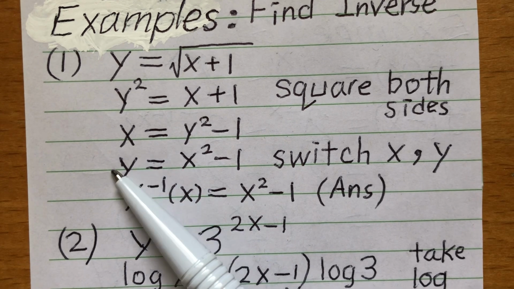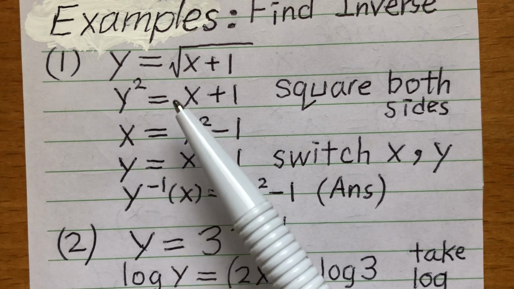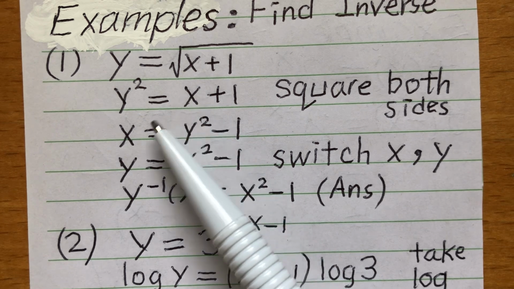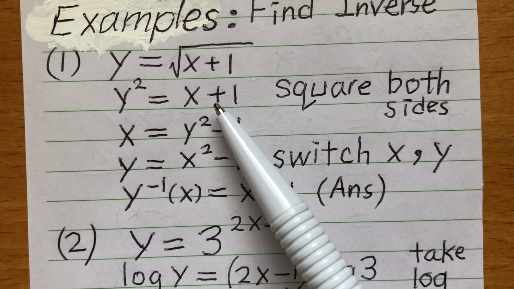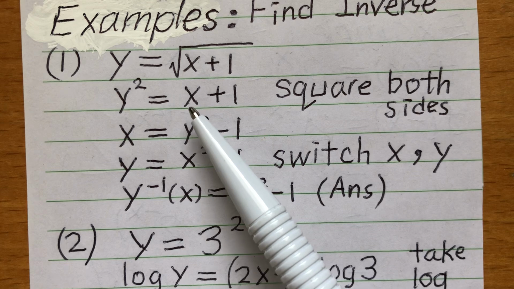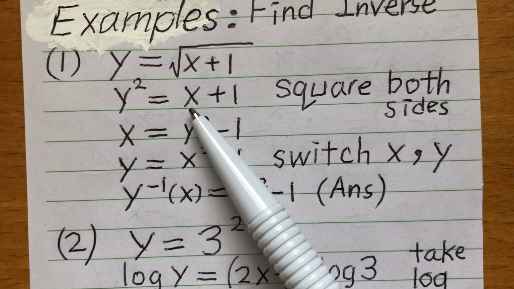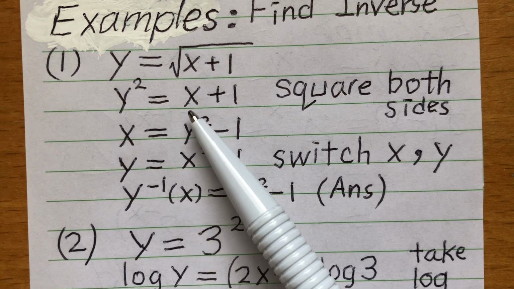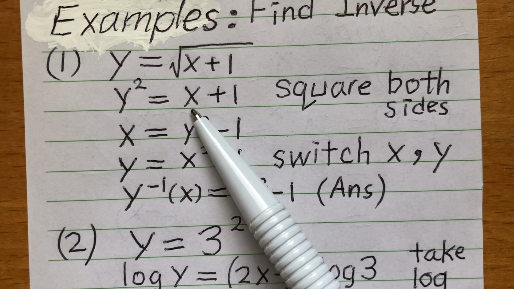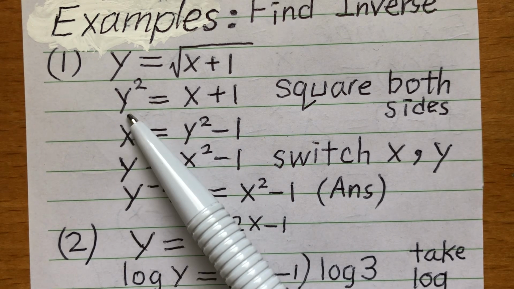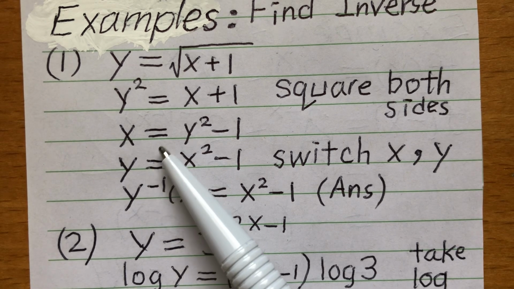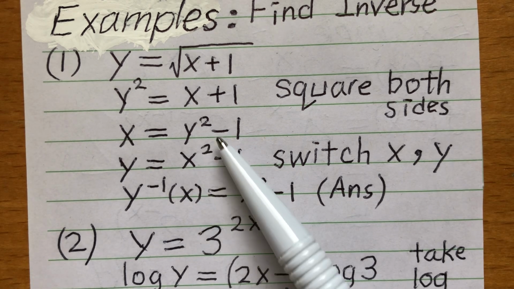Then exchange the left-hand side and right-hand side, and then I isolate x. In other words, I want to write x in terms of y. So this is what I have: x equals y squared minus 1.